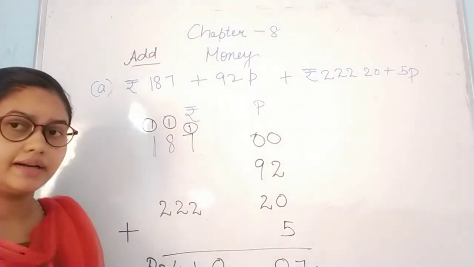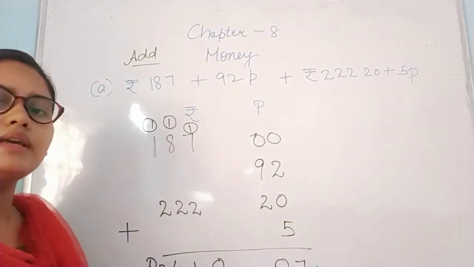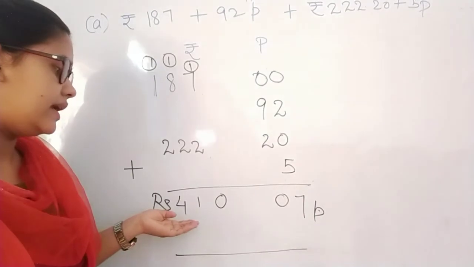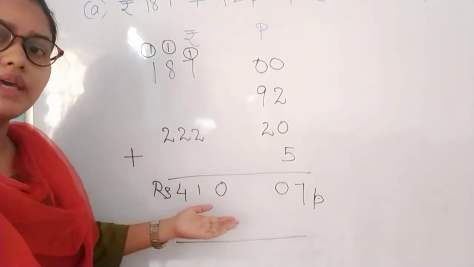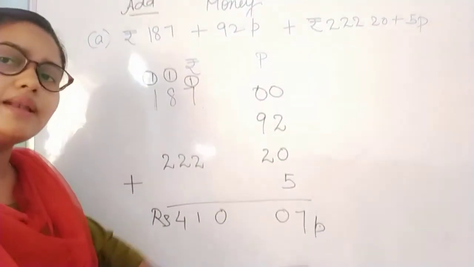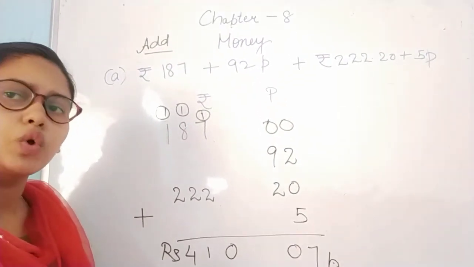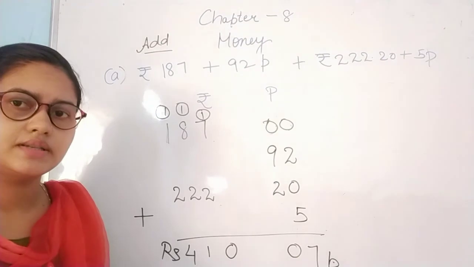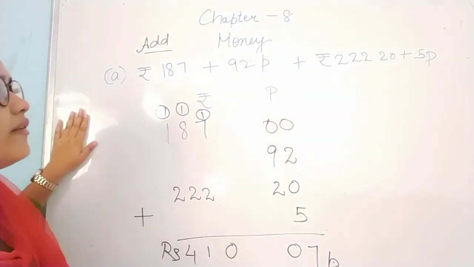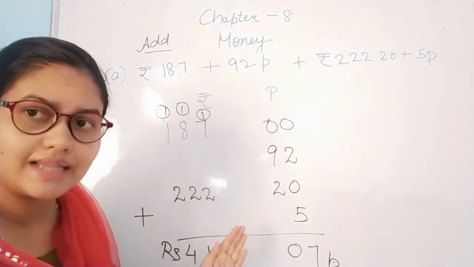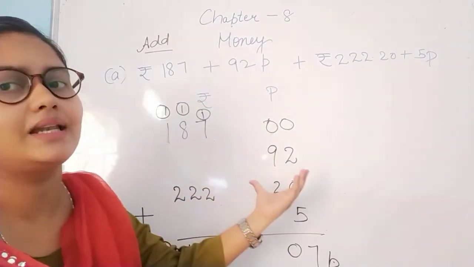Then we will add our sum, and its answer is 410 rupees and 7 paisa. This one is our answer. Hope you got it, right students? How do we have to add this one? We have to take a section of rupees and paise.